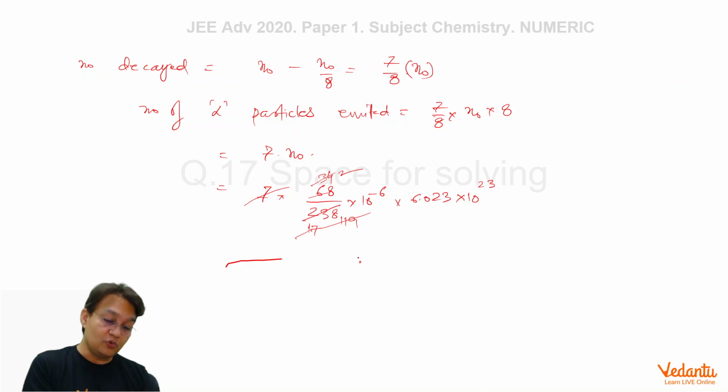So you're going to get 2 into 6.023 into 10 to the power 17, which is 12.046 into 10 to the power 17, and you can represent it as 1.2046 into 10 to the power 18.